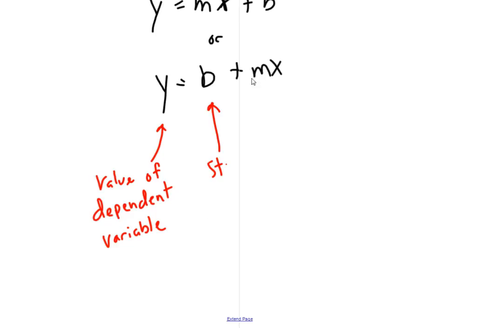When x is 0, maybe that's time is 0, or the distance that you've traveled is 0, and maybe cost depends on distance or something like that. Whenever that's 0, this whole term over here will be 0, and so your dependent value will be this b right here. So this is your start value or your initial value, the dependent starting value.